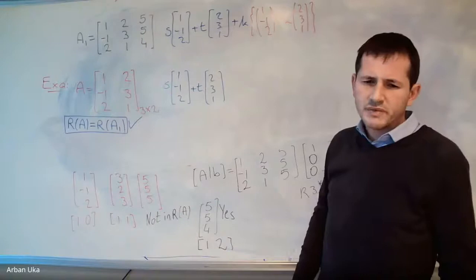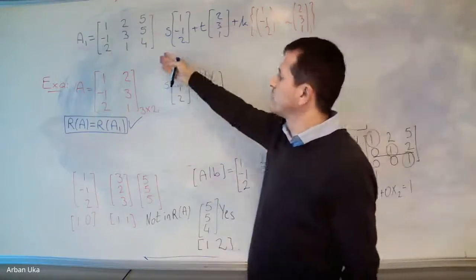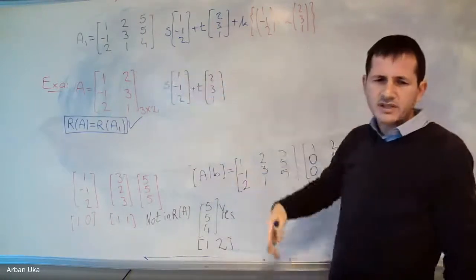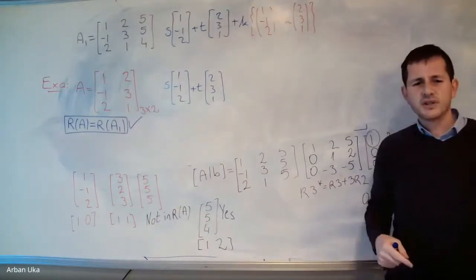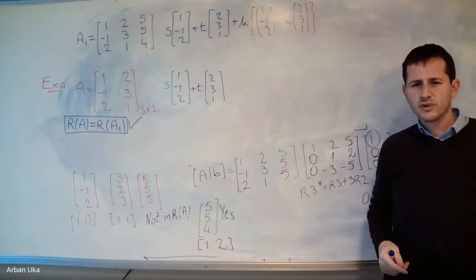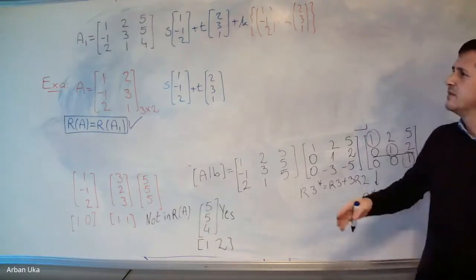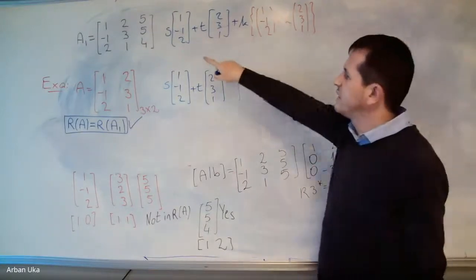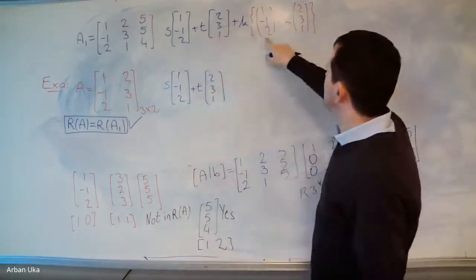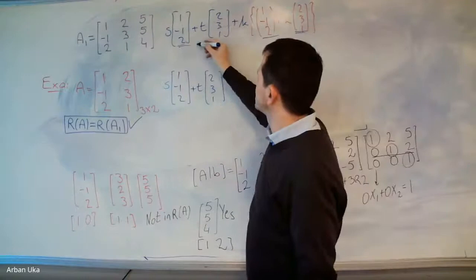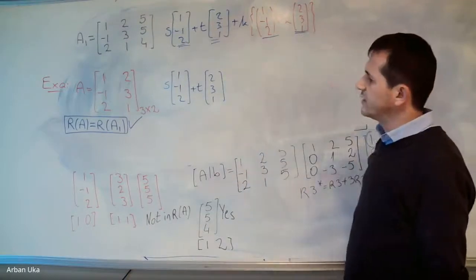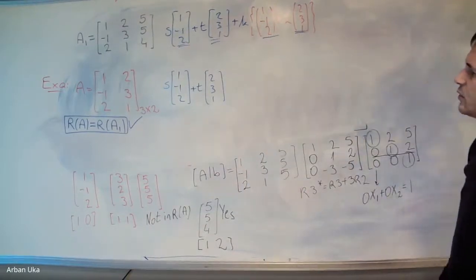The third column is already a linear combination of the first two, right? It's the same logic as when we have three equations, but one of the equations is a function of the other two, so we don't really have three, we have two. Similarly, this 5, 5, 4 can be described as a function of these, okay? And if you notice, these are the same vectors. So the range of A and the range of A1 are equal to each other.